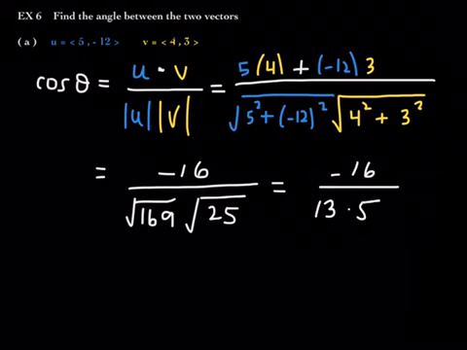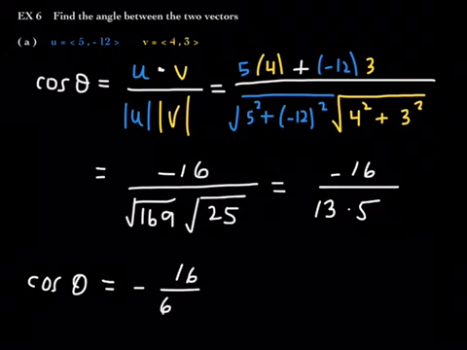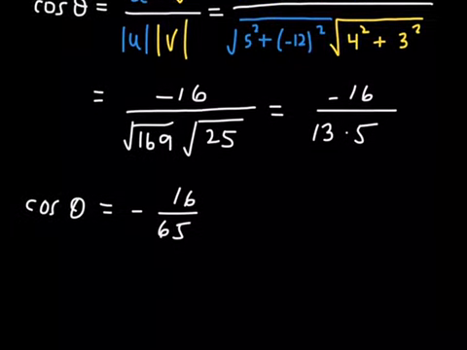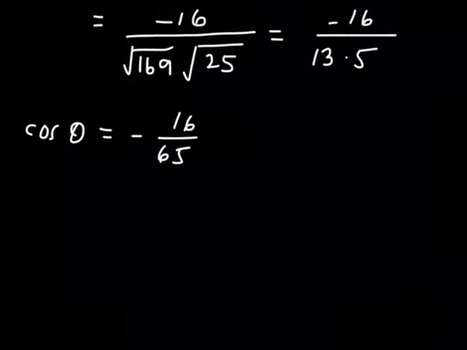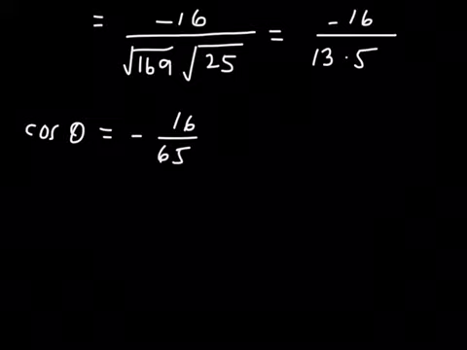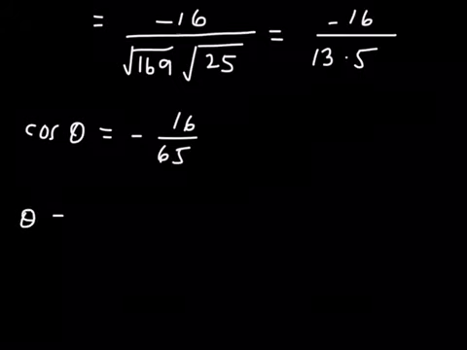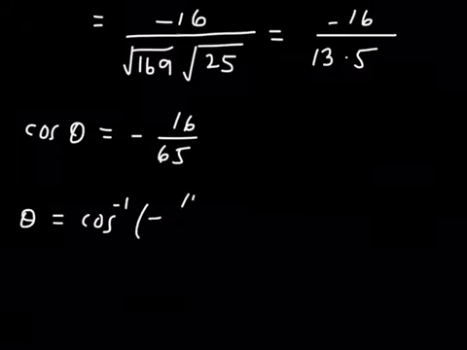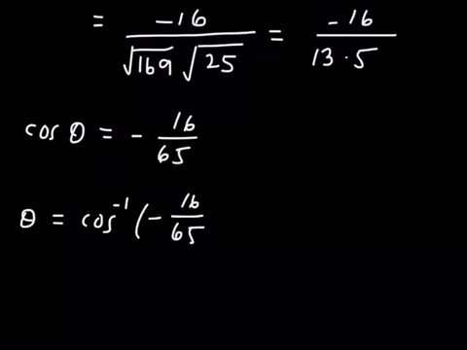So then cosine of angle theta will be equal to negative 16 over 65. Cool? All right, now we can use an inverse trig function to say that theta, which is the angle between my two vectors, is equal to inverse cosine of negative 16/65.